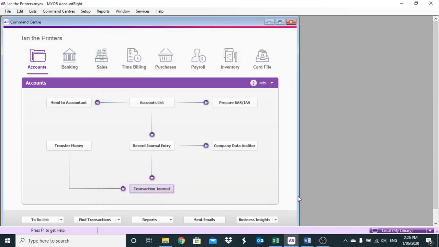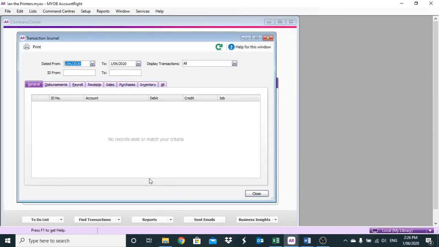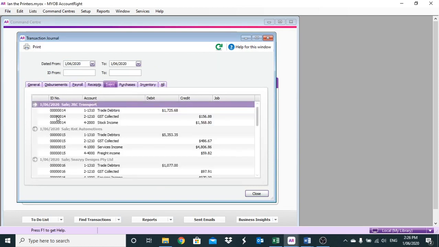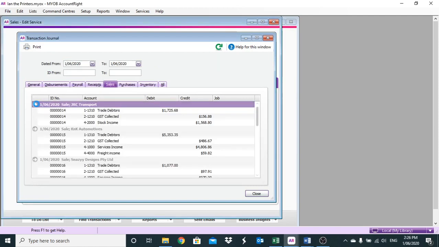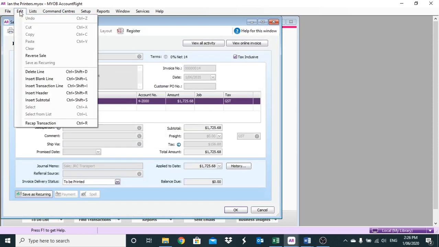So a user is able to go in. Say, for example, we've realised a mistake with this invoice. You can actually now go in, edit, and reverse the sale, and then put the sale in correctly. Now, what that does is it creates an audit trail.